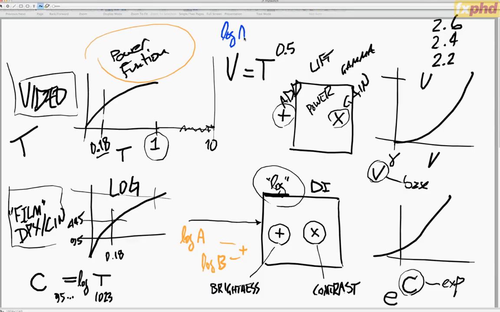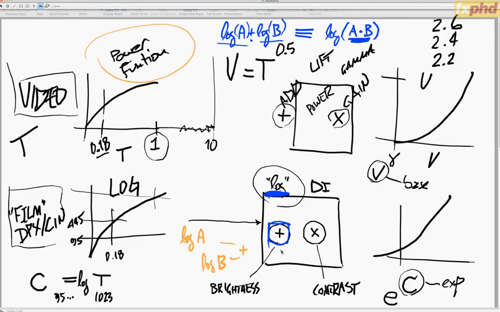Log of A plus log of B. So really I'm going to put parentheses around these so you make sure we do log of A, we do log of B, and then we add them. Mathematically, that is equal to the log of A times B. What that means is when you're in log space and you add, you're actually really multiplying the scene linear values, the basic values. That is exposure correction.